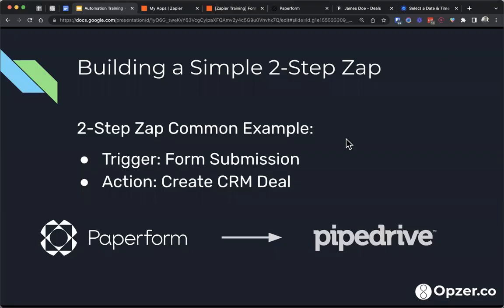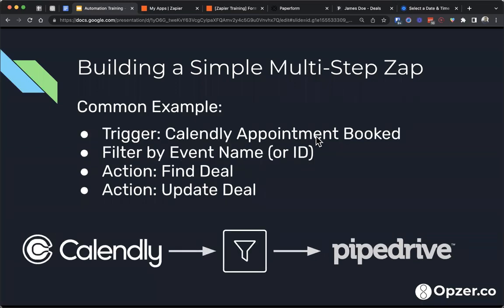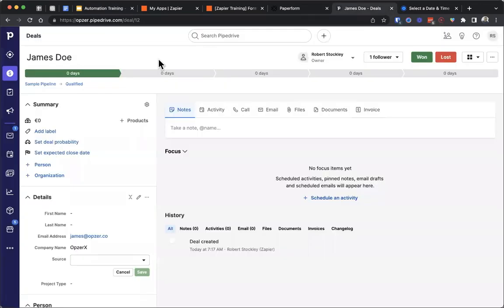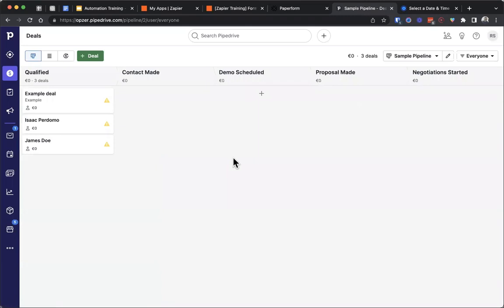All right, let's move a level up. Now let's try to create a multi-step Zap, a Zap that requires a couple of different steps, and see how that plays out. So let's assume that this person just qualified after filling out the form, and I want to make sure that they can schedule a call of some sort, as you can see here.